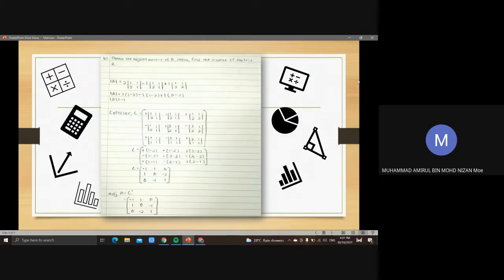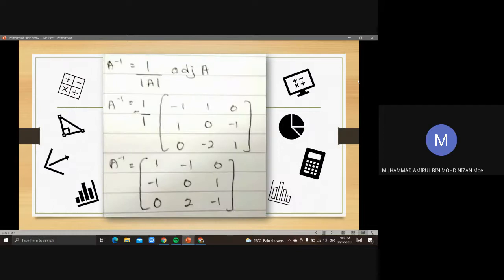Hence we find the inverse matrix using the formula 1 over determinant A multiplied by adjoint A. Substituting the values, we get the inverse matrix: 1, -1, 0, -1, 0, 1, 0, 2, -1. That's all for question B.